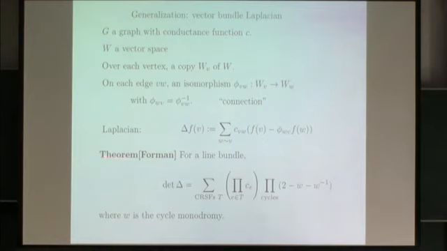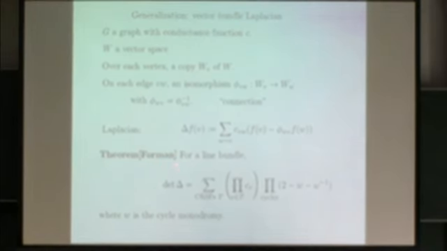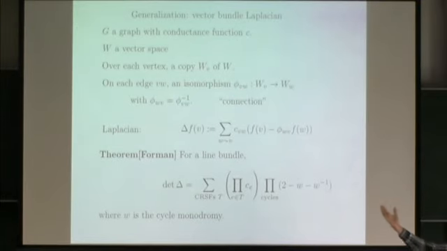But anyway, the first theorem in this context was by Robin Forman, and he discussed the case of a line bundle. So it's just a one-dimensional vector space over each vertex. And of course, when you have a one-dimensional vector space, the connection is just scalar multiplication. What's an isomorphism between one-dimensional vector spaces?